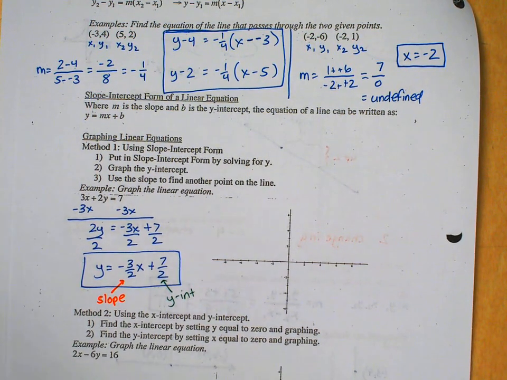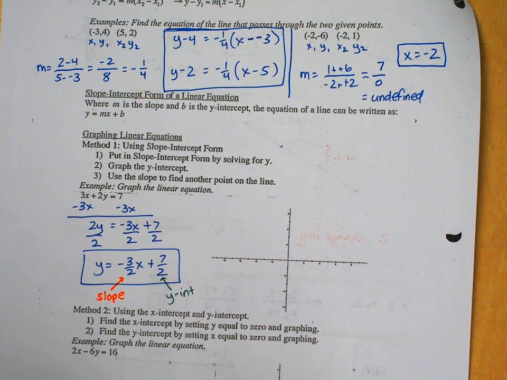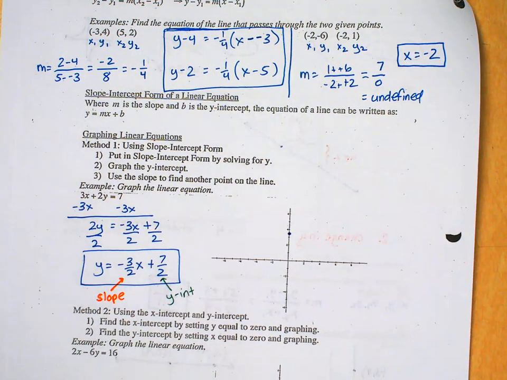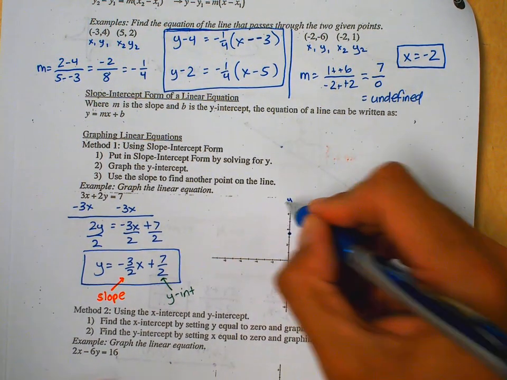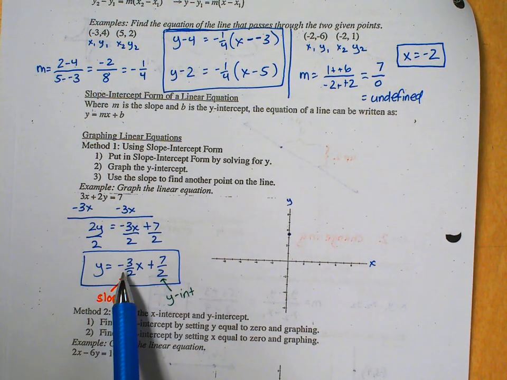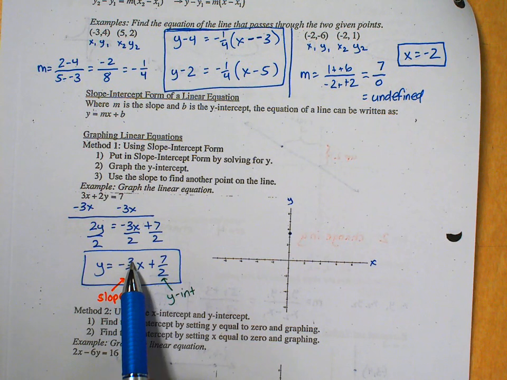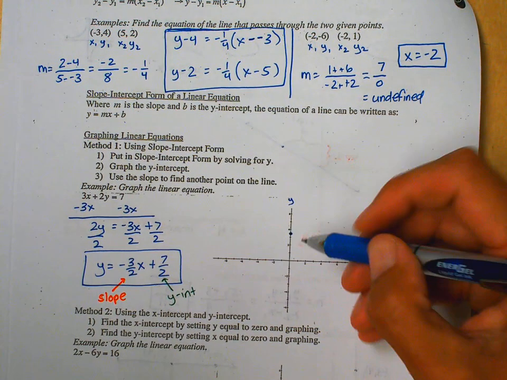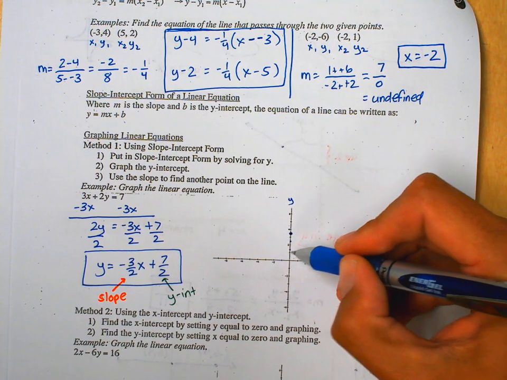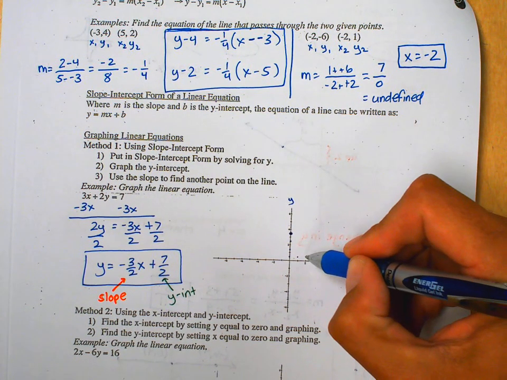And so I'm going to use that to graph. And you know how big 7 over 2 is? It's about 3.5. So I'll put 3.5 on the y-intercept. Remember, this is y, x. And then the slope is negative, which means we're going down 3 and over 2. So from here, I'm just going to go down 3, 1, 2, 3, over 2.